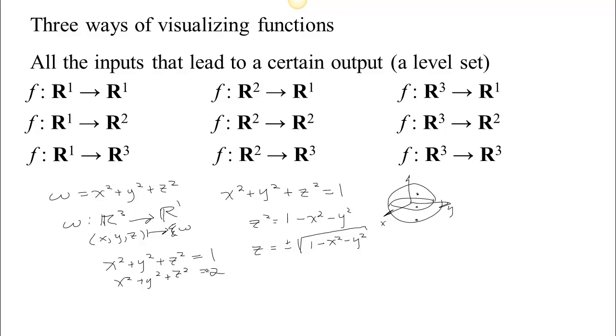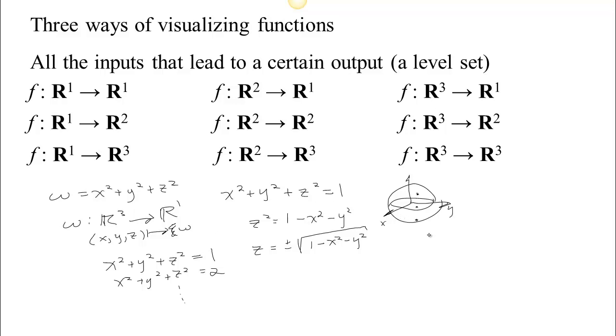That would be the sphere of radius square root of 2, and so on, right? So even though we can't see this function's graph, because we can't visualize things in 4 dimensions, we can still look at the level sets of this function. In this case, for the function w, the level sets are concentric spheres, and that gives us information about the function.